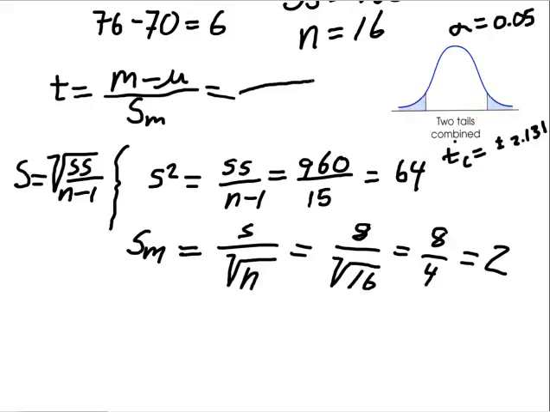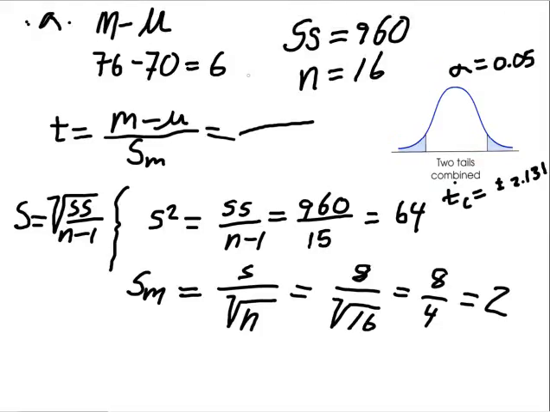And so we've got M minus mu is 6, and s_M is 2. 6 divided by 2 is 3. And 3 is greater than 2.131.